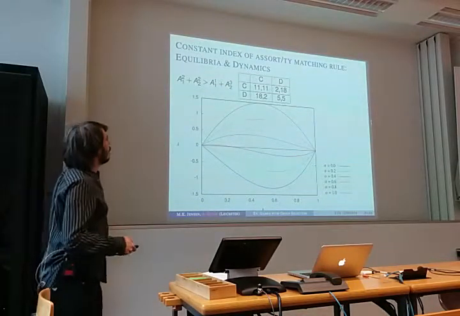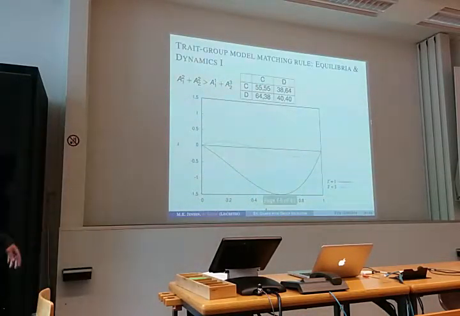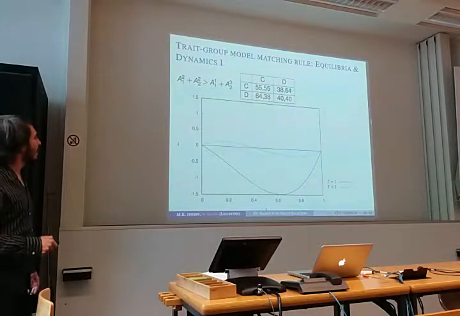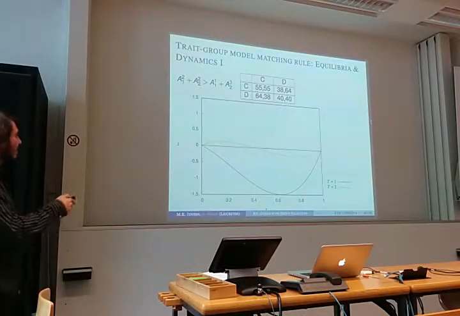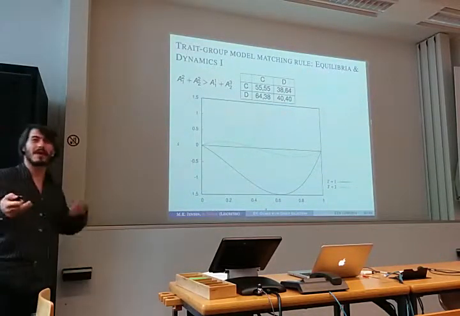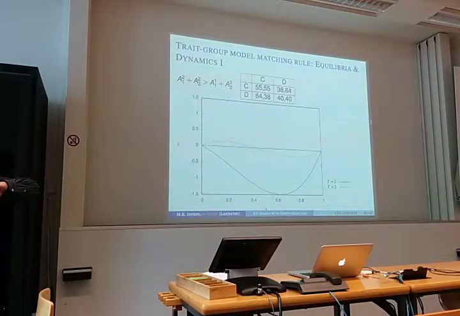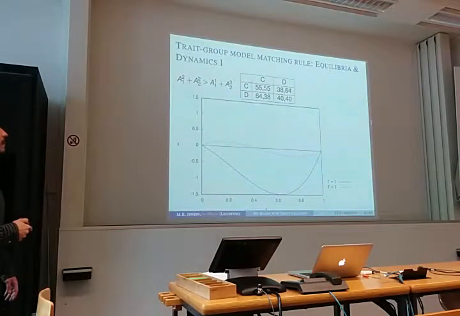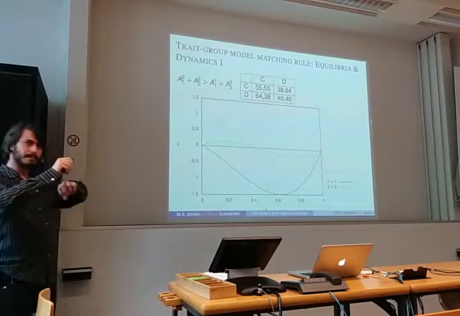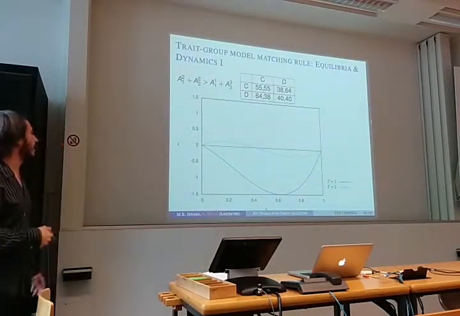And the interesting thing is that in the trait group models, you get the same behavior for some games. So we have this and that. So this is still in the same situation where, if you're looking into the sum of pairs, you would rather have them mixed rather than segregated.